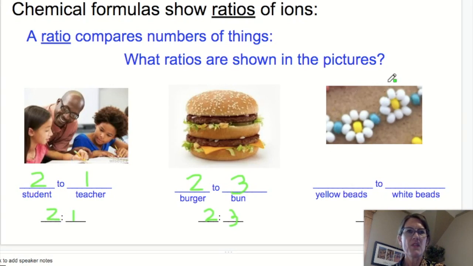Now, if I counted both of these, I would get 2 yellow, and then 8, 9, 10, 11, 12, 13, 14, 15, 16. 2 to 16 is the same ratio as the 1 to 8. So we usually put ratios in the lowest terms, right? So we call it the lowest ratio. So my ratio here is 1 to 8. If I need a really long chain of beads, I'm going to need more, but I still know the ratio is going to be 1 to 8.